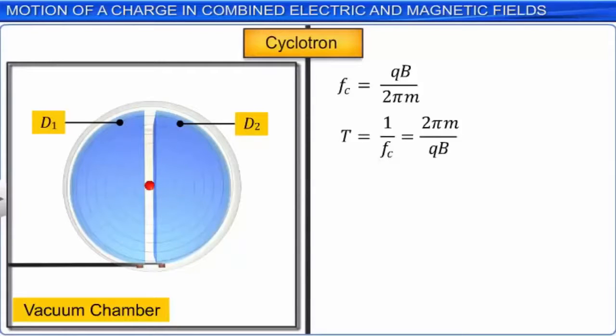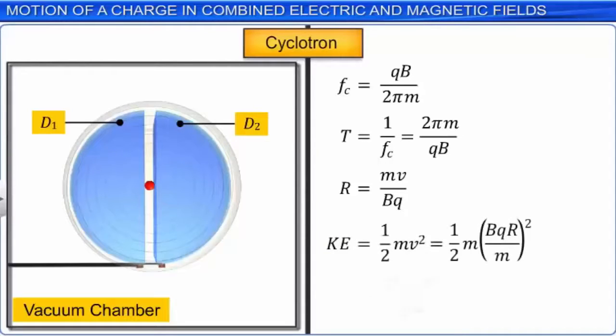The radius of the trajectory r is equal to mv divided by Bq. The kinetic energy of the charged particle before leaving the system is (1/2)mv² = B²q²r²/2m.